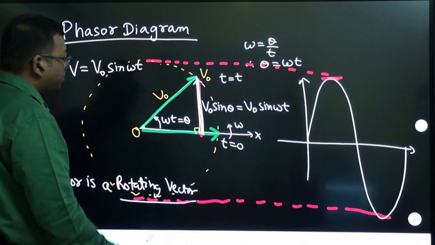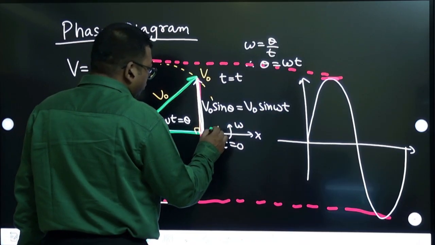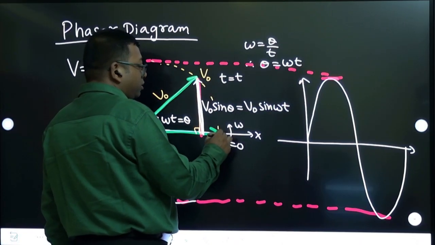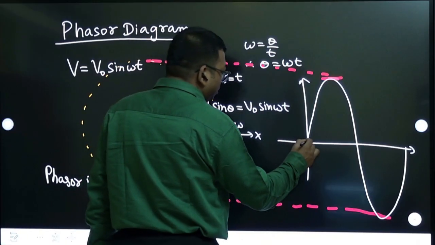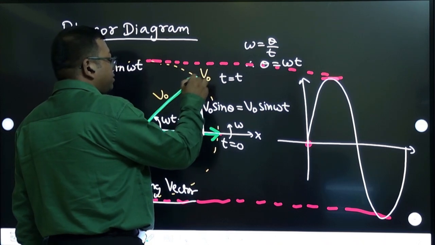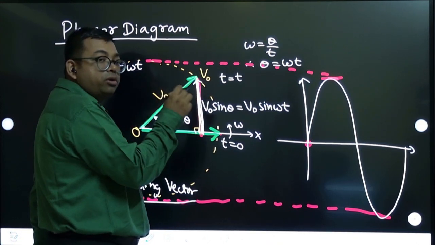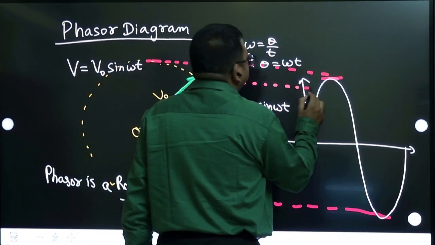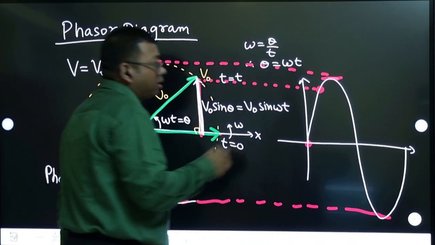Suppose the vector is here. The value V naught sine theta, sine 0 is 0, so it will start from here. Now suppose at any instant the phasor is here; you drop its topmost point onto the graph, so this is the point on the graph.